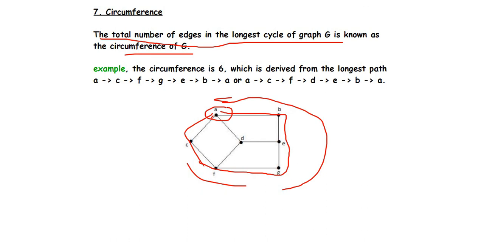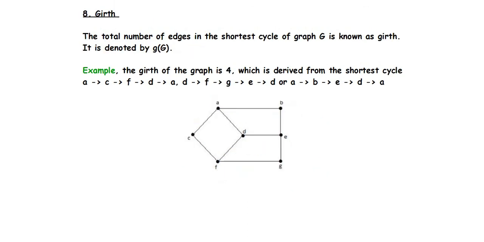This is the longest path that is derived. Another path is A to C, C to F, F to D, D to E, E to B, and again B to A. You can take any path. So the total number of edges in the longest cycle is the circumference of G.